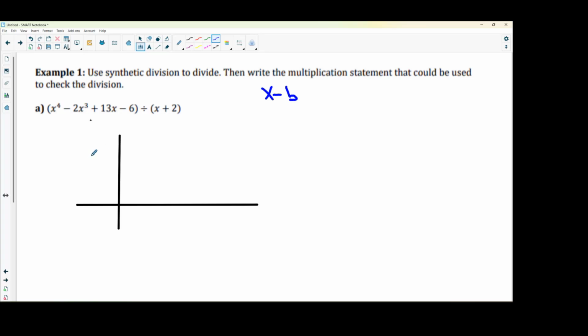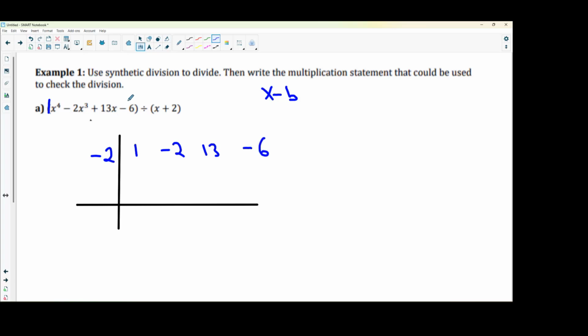The b value has to be -2 in this case, because to get x plus 2, b has to be -2. And we write the coefficients: first coefficient is 1, then -2, then 13, then -6.